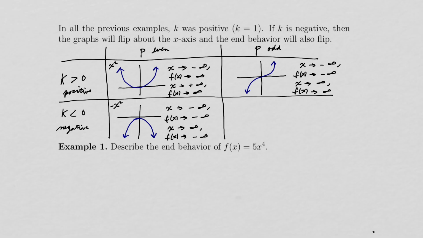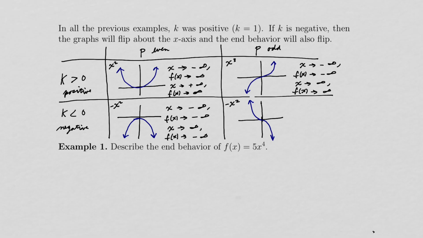Okay, and then same thing here. So if this were, say, x cubed, what does negative x cubed look like? Well, it's going to flip that graph about the x-axis. So it'll look something like this. Let me see if I can draw that a little better. Something like that.